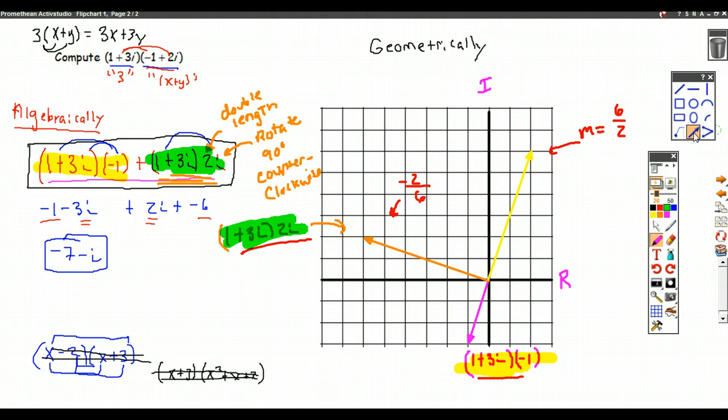And so that means, well, how do we add vectors? We add them by doing the tail to head method. So here is 1 plus 3i times 2i. What I'm going to do is move it down. And since I know you can't move it, I'm just going to actually redraw it. Move it down so that its tail is here.